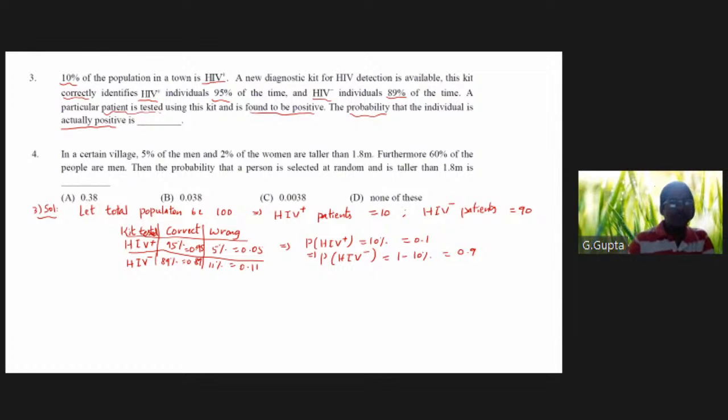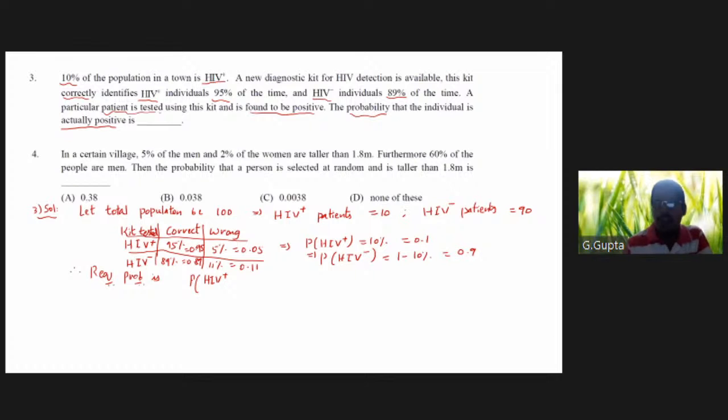Therefore, I can't give here E1, E2, or event A, just like in previous Bayes theorem problems. Take care, this problem is very, very important. Required probability is probability of HIV plus, that is, that an individual is actually positive.